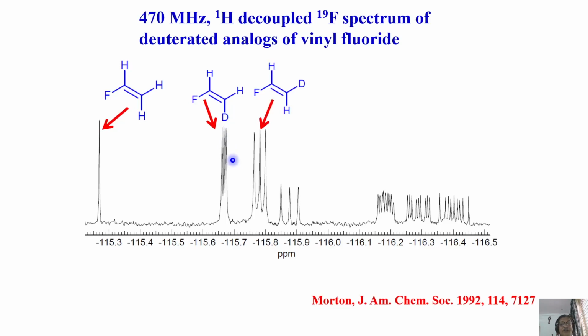Now, this deuterium is in the trans position, not in the cis position. Again, it is three-bond coupling, but it has moved from this position to this position. Look at the pattern. What does it tell you? The J coupling is much more now. Trans coupling is much larger, quite large, so we are going to see FD coupling quite larger like this.